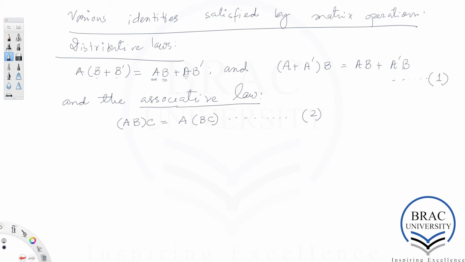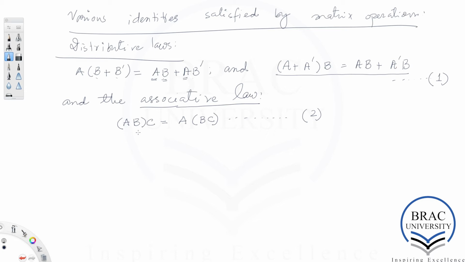The column number of A has to be the same as the row number of B prime, which actually follows from the fact that B and B prime are of the same size, which we demanded first. Similarly here, A and A prime have to be of the same size, and the column number of A or A prime has to be the same as the row number of B.